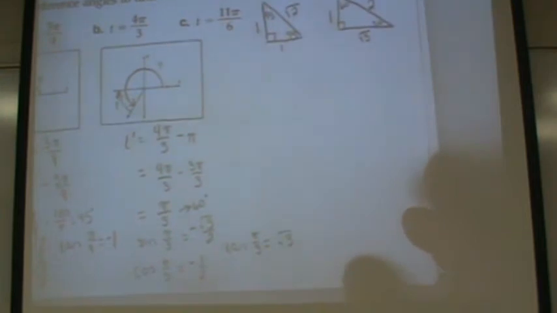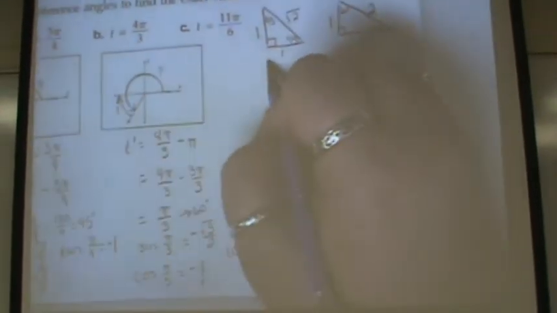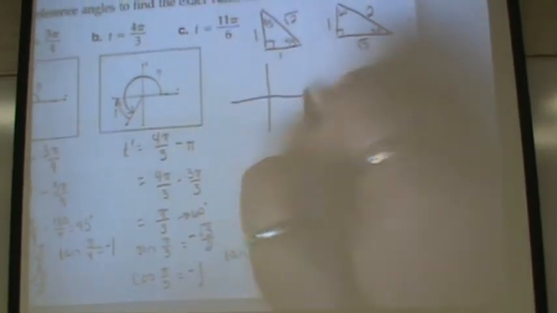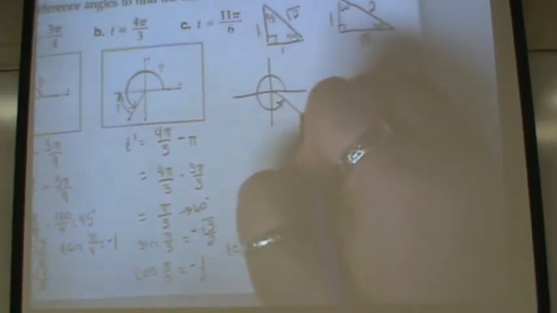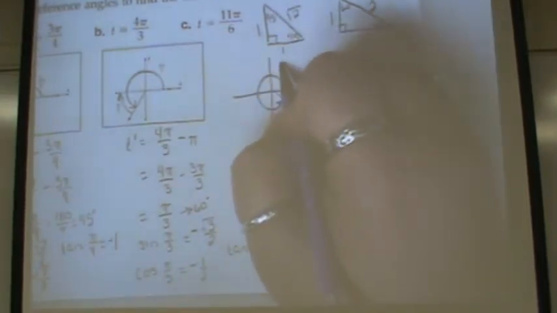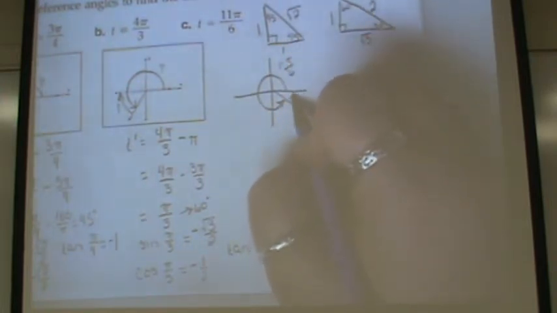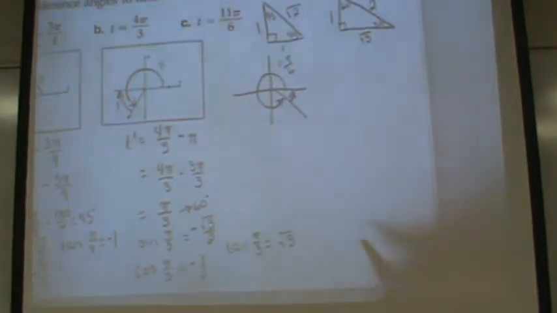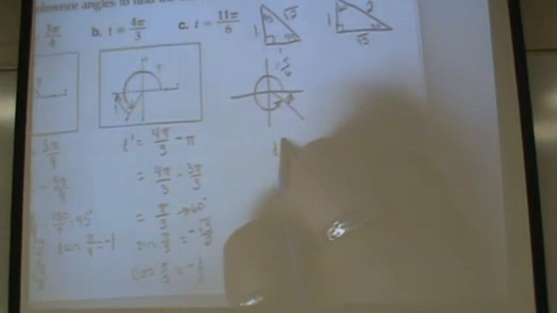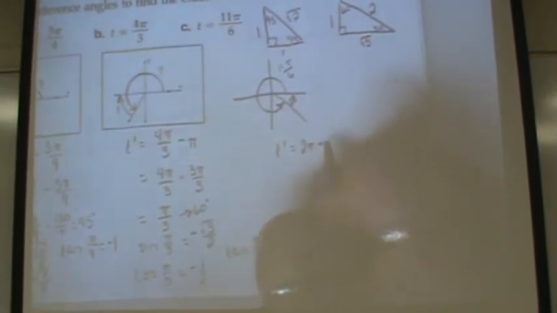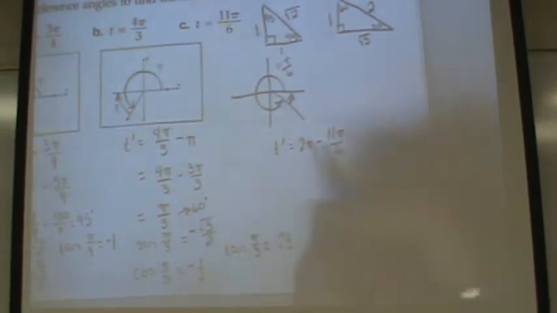So part C. Part C, we have 11 pi over 6. If we draw 11 pi over 6, we end up in the fourth quadrant. So we need to find that reference angle. So in the fourth quadrant, you're taking t prime equals 2 pi, and you're subtracting your angle, so 11 pi over 6.